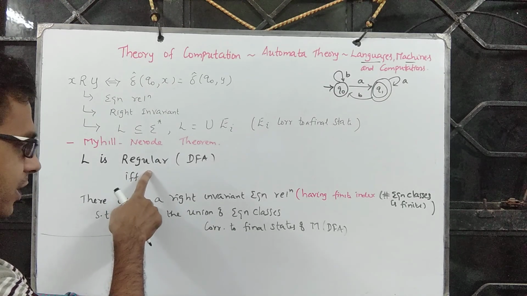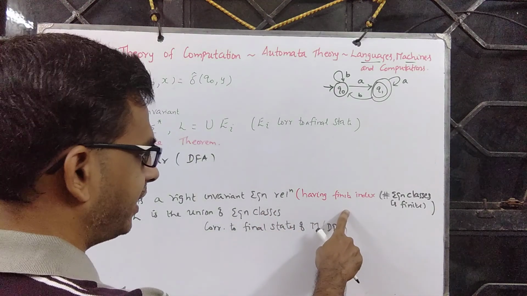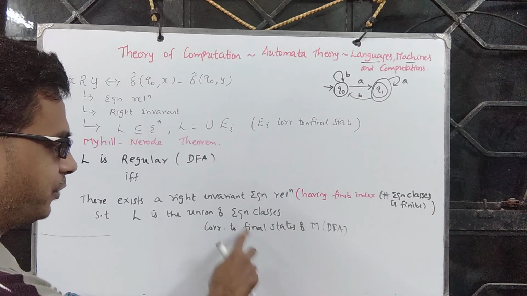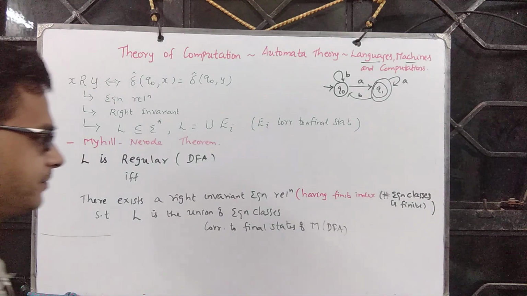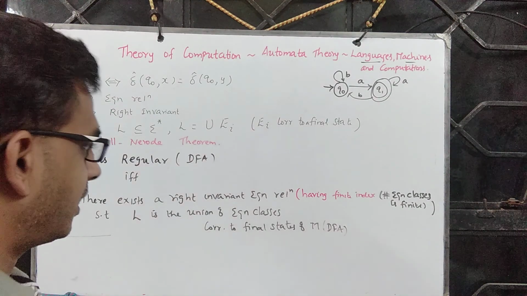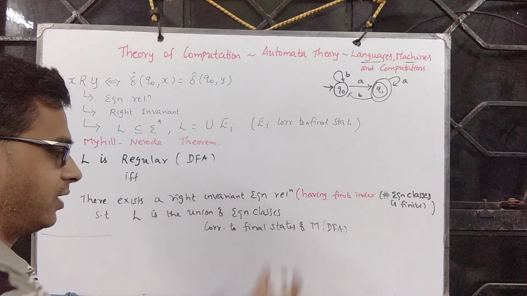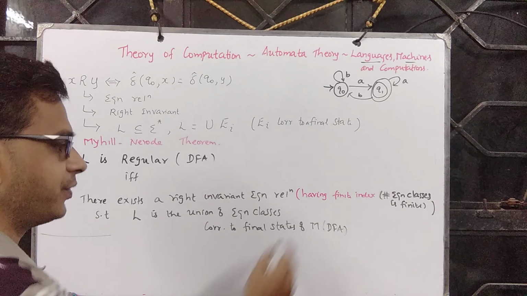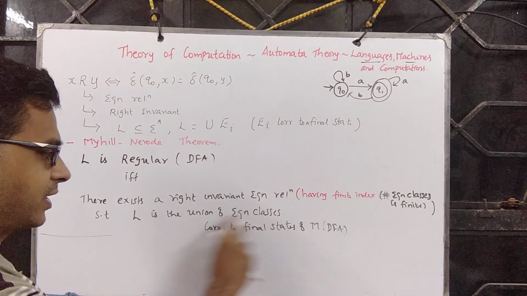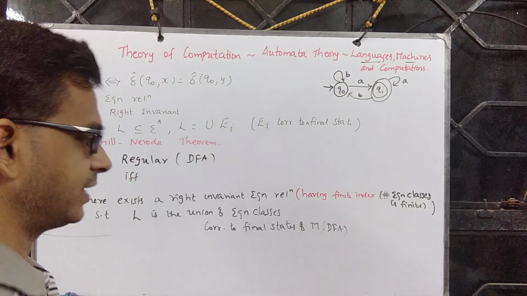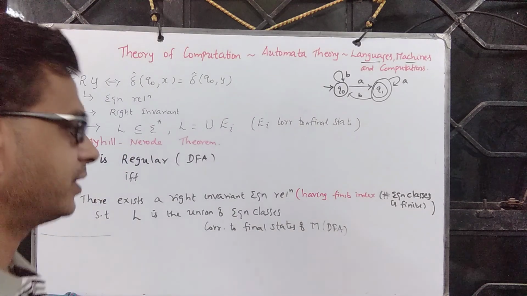To show that something is regular, you come up with a right invariant equivalence relation having finite index such that L is the union of some of the equivalence classes, meaning equivalence classes corresponding to final states. And in the forward direction, L is the union of equivalence classes corresponding to final states. But when you try constructing the automaton, you see that the language corresponds to the union of some of the equivalence classes, which are the equivalence classes corresponding to the final states.